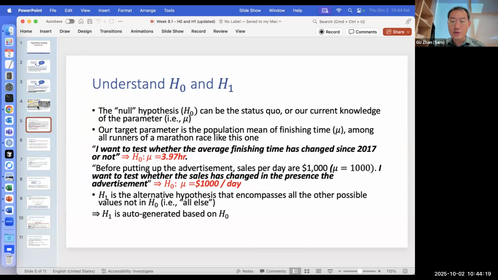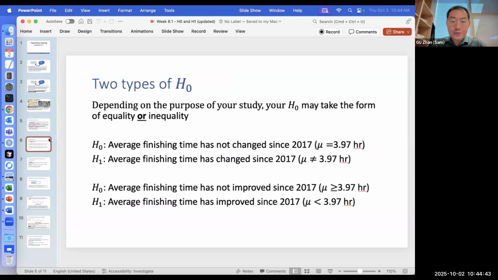H0 says the true mean is 3.97 for 2019, no change from 2017 to 2019. H1 can be either higher or not equal to 3.97.